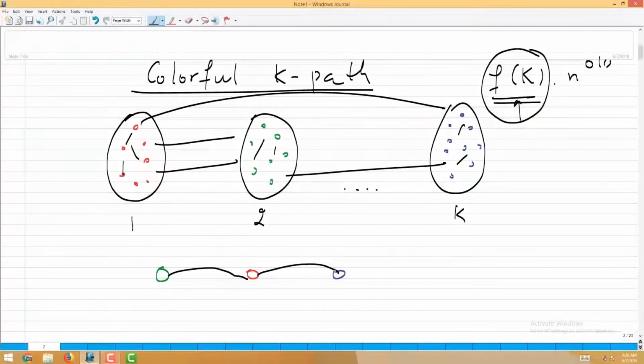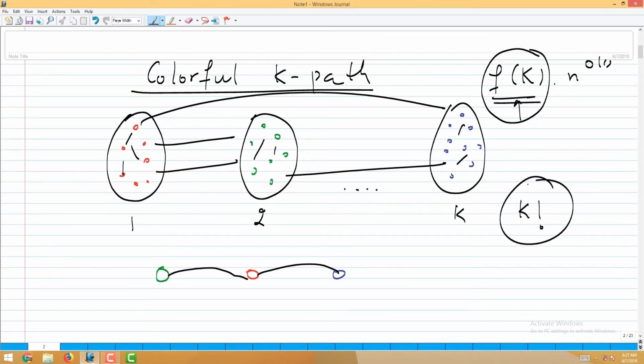So we spend k factorial time, and in this k factorial time we enumerate all possible orderings of these colors, and then for every possible ordering that we have, we try to find out, is there a path in the graph that respects this ordering? So if I have the ordering green, red, blue, I am trying to find out, is there a path whose first vertex is green, second vertex is red, and the third vertex is blue, right?